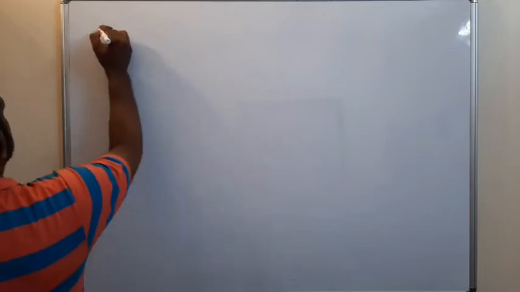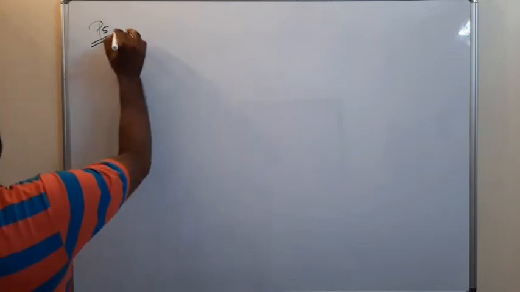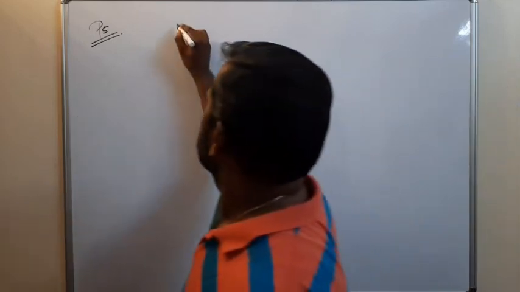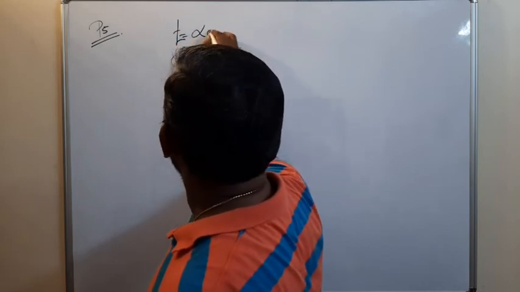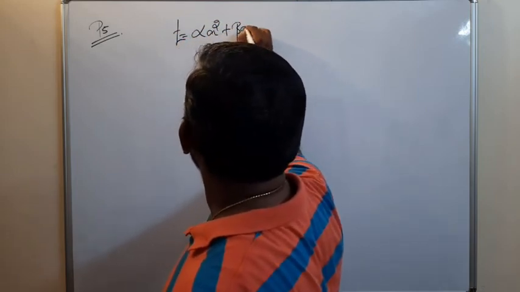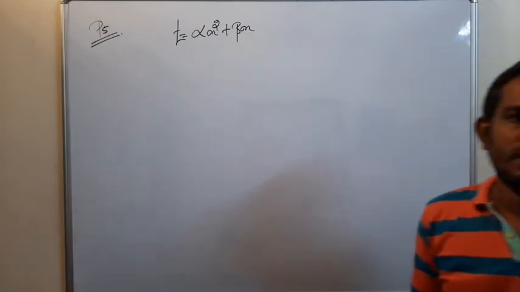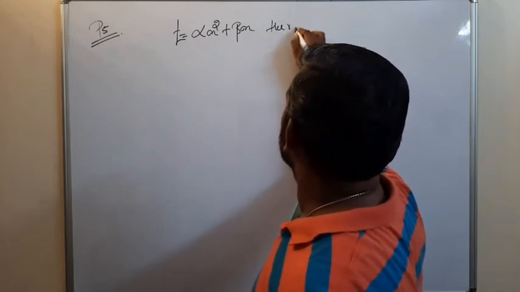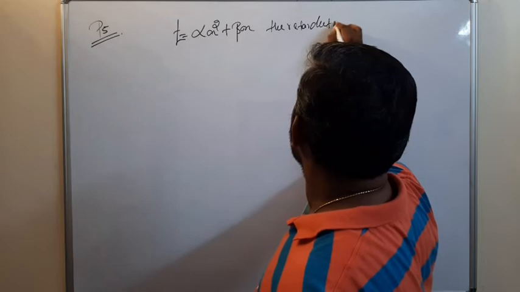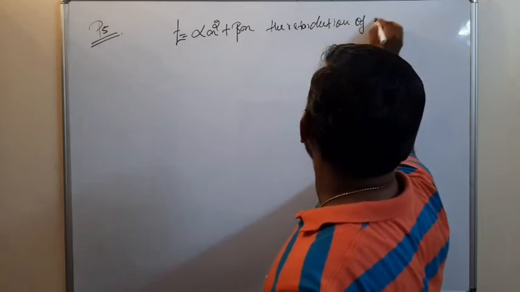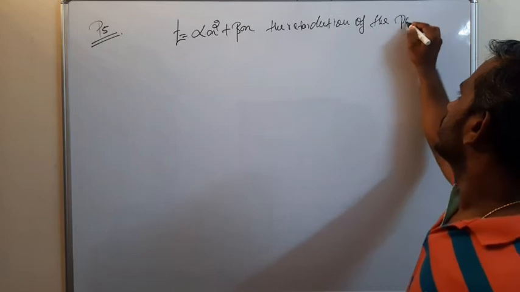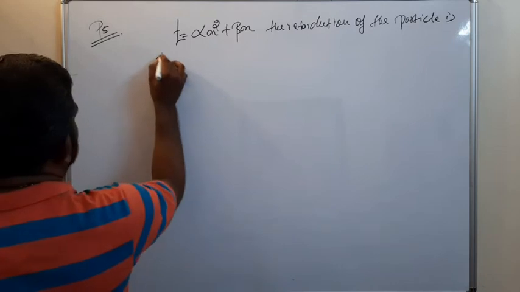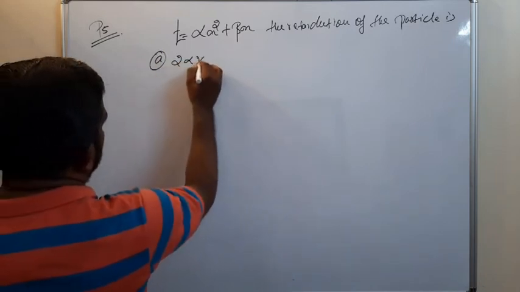So the next question. The relation between the time and the distance of the particle is given by t is equal to alpha x square plus beta x. The retardation of the particle is: option A, 2 alpha v cube.